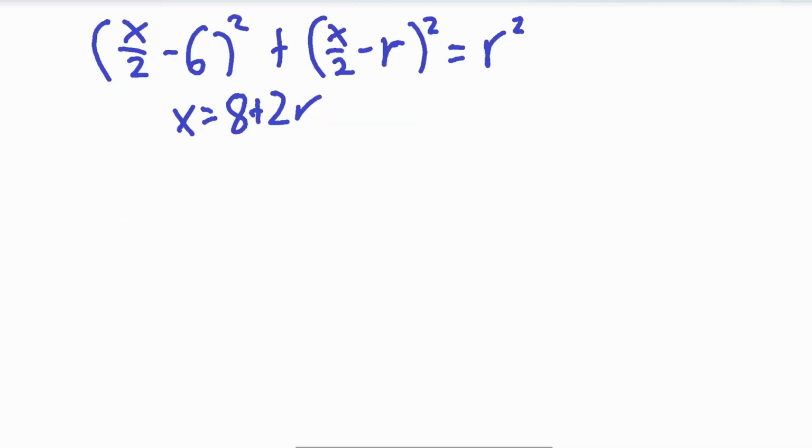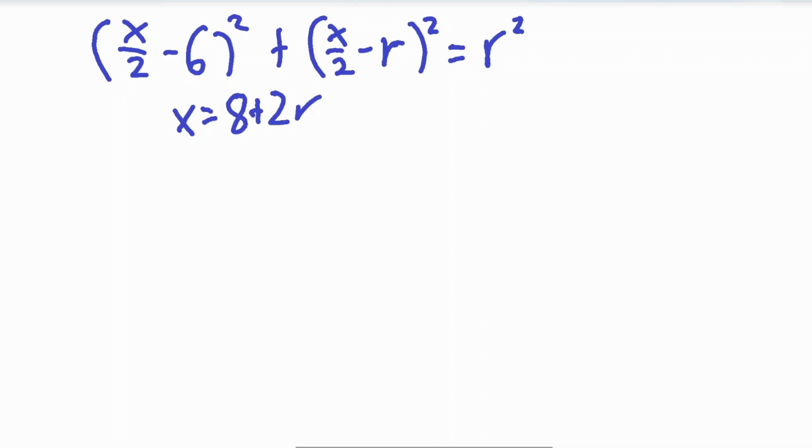Alright, so now we have our two equations, so let's use substitution. You can see this one equation is set for x already. So since 8 plus 2r is equal to x, we can plug in 8 plus 2r for x into the top equation.